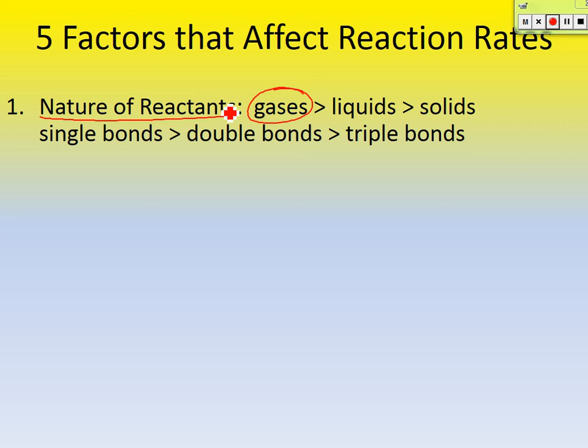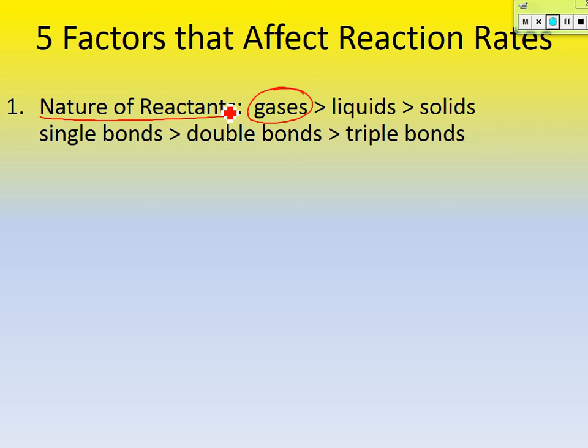Why do you think gases react so much faster than solids? Yeah, the molecules are moving faster. If they move faster, will they collide more? Yes. Is there a better probability that they will collide with correct orientation? Sure. And with sufficient energy? Gases are moving around very quickly, so they're going to react fastest on average.